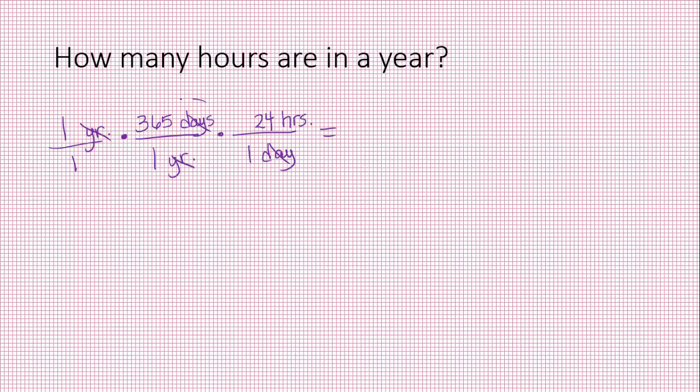So we've got a multiplication problem right here. 365 times 24 in the top, 1 times 1 times 1 in the bottom. So let's just do that math using a calculator. 8,760 hours. And that is the number of hours in 1 year. So get busy.